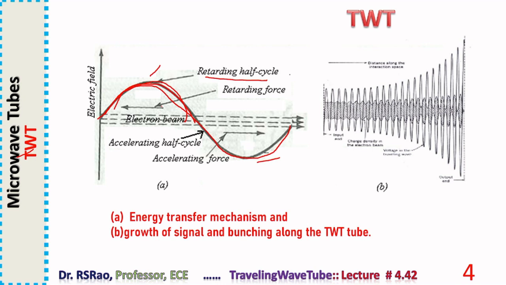Ultimately, by the time this particular frame of one cycle reaches the output end, there exists high electron concentration in the retarding half cycle, implying the formation of electron bunch.